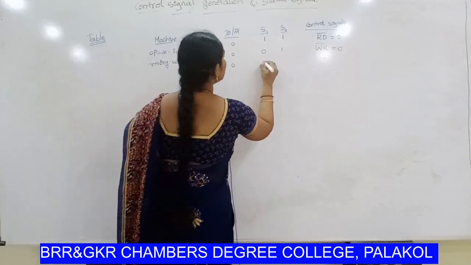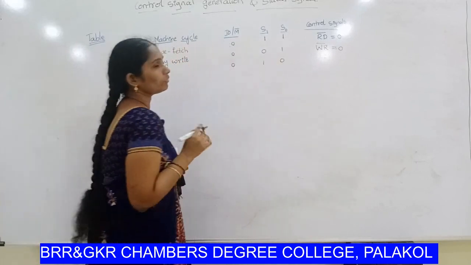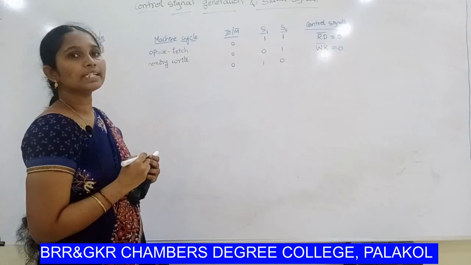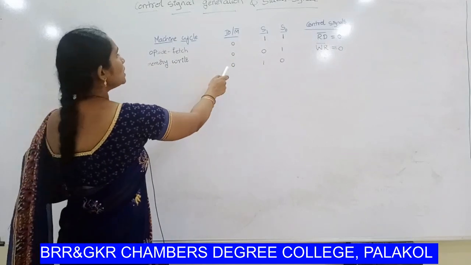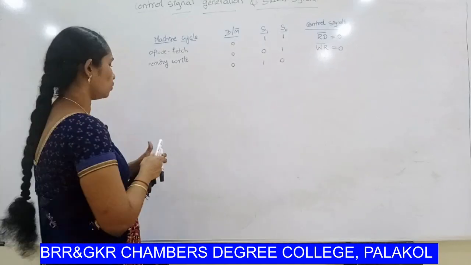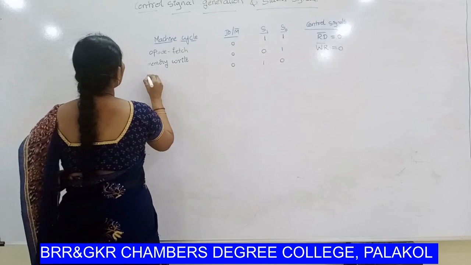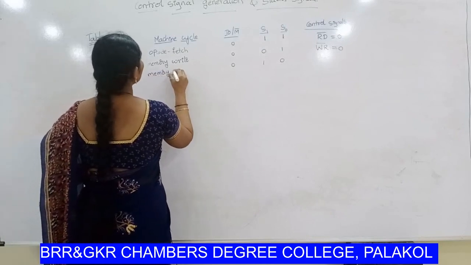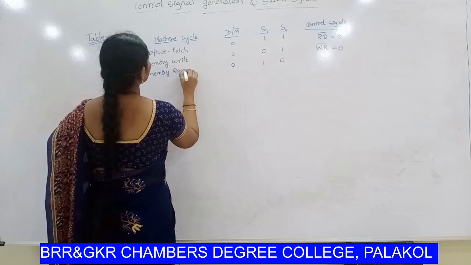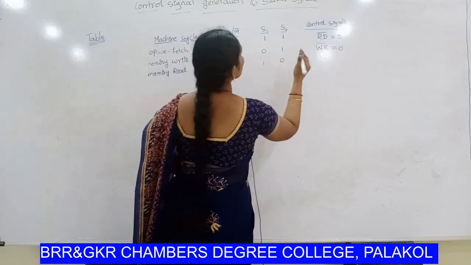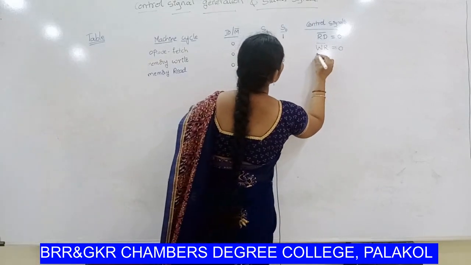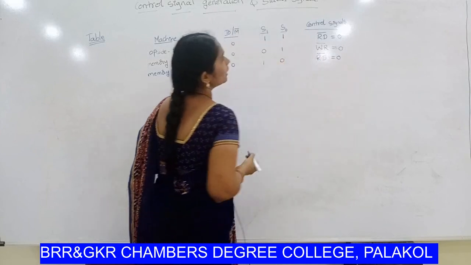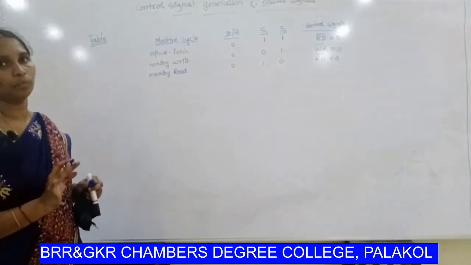And after that 1 0. So 1 0 is nothing but a read operation. Here this is also a 0, that means it will perform the memory read operation. Therefore this is a read operation, that's why RD bar is equal to 0.